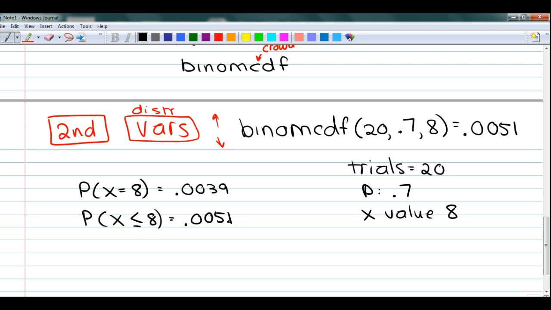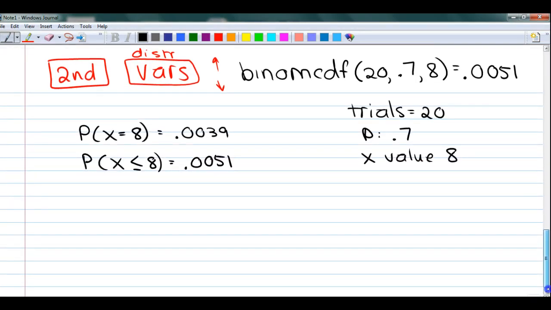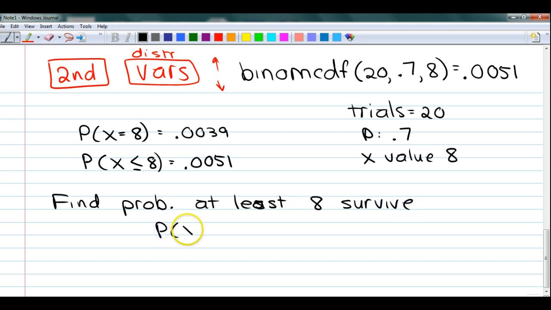That's binomial. Now, our calculator only does equal to or less than or equal to, but that isn't always what the problem asks for. What if we wanted to know, find the probability at least 8 survive? Well, that's the probability x is greater than or equal to 8. And our calculator doesn't know how to do that. But let's think about the choices.